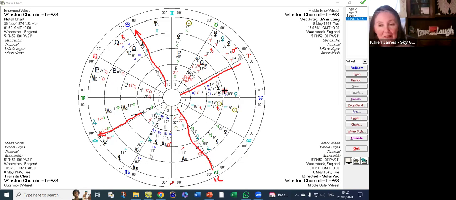Once Saturn returns, so once Saturn has gone all the way around the chart, that's our second Saturn cycle, that is a responsibility cycle. So from 28 onwards, it's a great time to take on big things: buy a house, buy a car, take on a big job with loads of responsibility, start bringing children into the family.